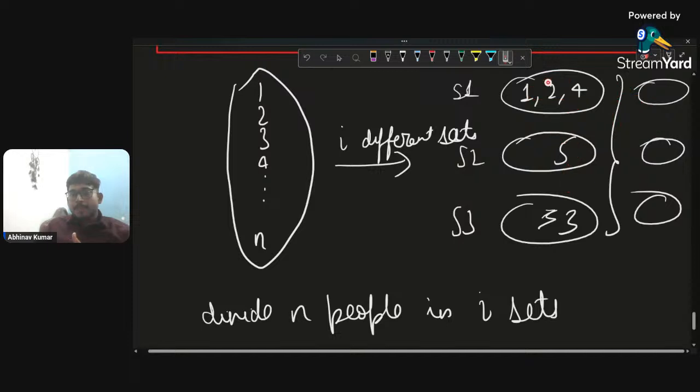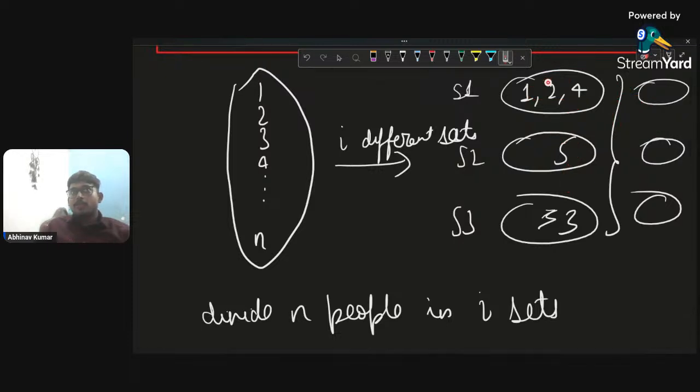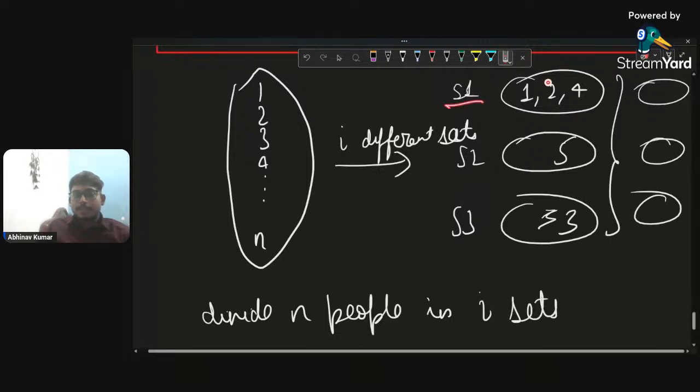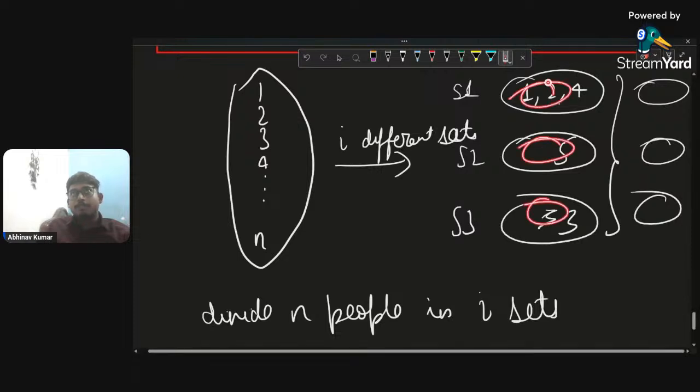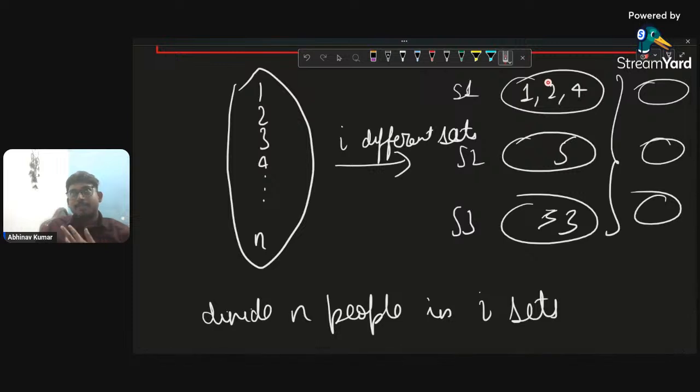If I had considered the order here, then writing the transition was not possible in that case. I tried that way initially, and you can try considering the sets as different. Then writing the transition was not becoming possible because there was some case, considering that all the sets should be non-empty, that was missing, that some of the sets may become empty, and there would be repeating cases which you cannot manage.